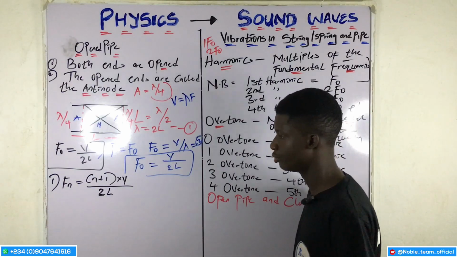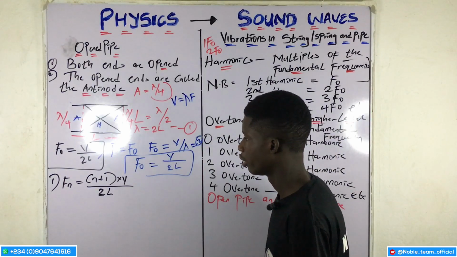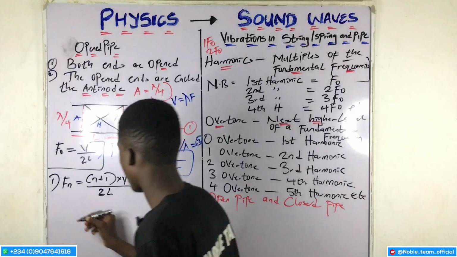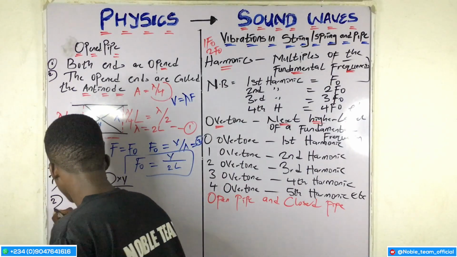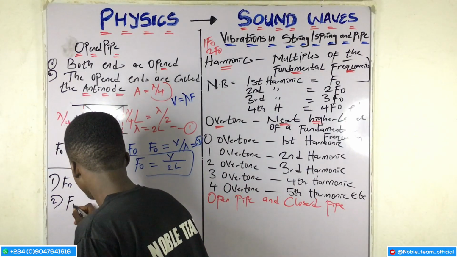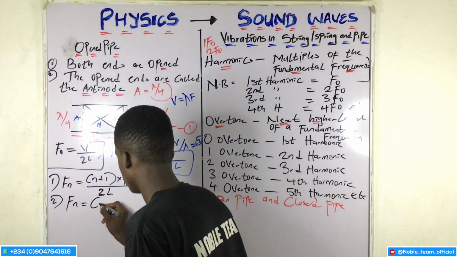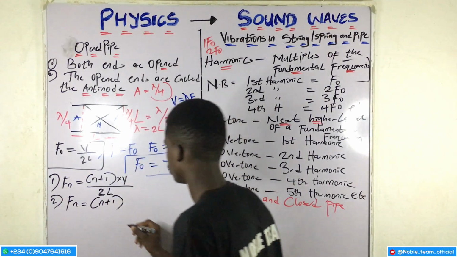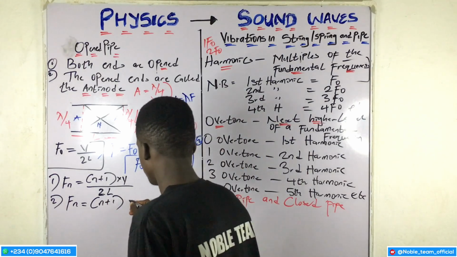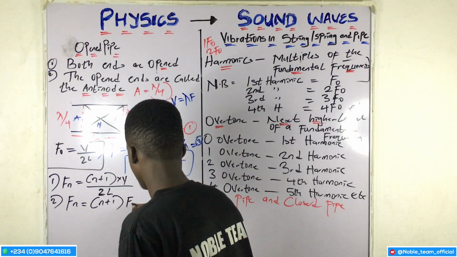Have you understood? Good. Now, I also have that my Fn is equal to n plus 1 multiplied by the fundamental frequency.